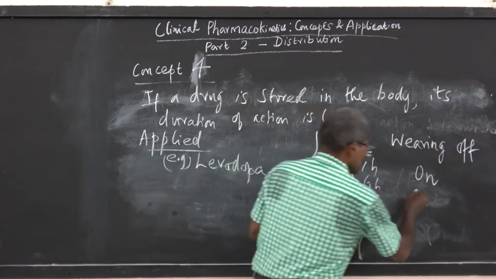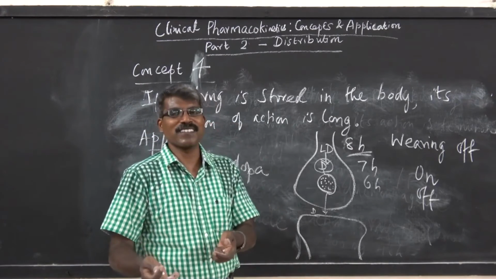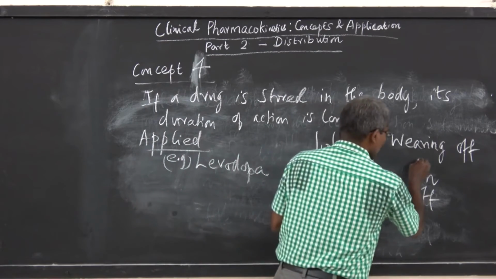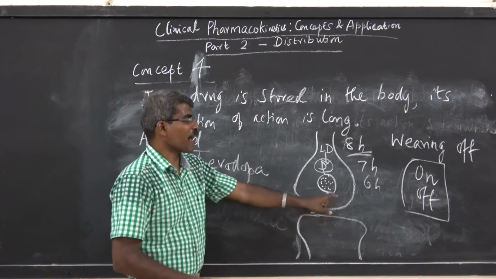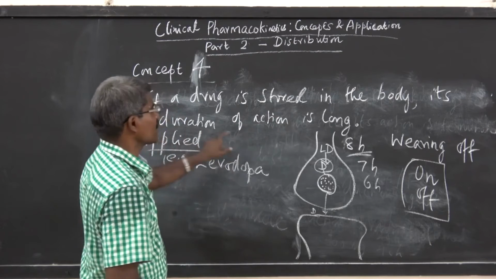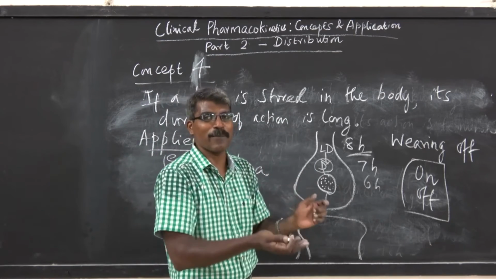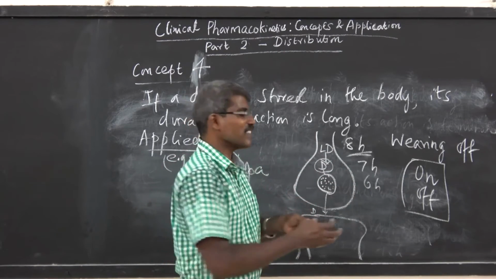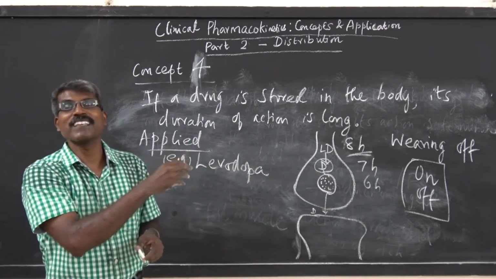So the rest becomes off. As the disease progresses, the duration of action also reduces, and it leads to what is called the on-off phenomenon. Why does all this happen? With a very simple point that if a drug is stored in the body, its duration of action is long. As it is not stored, the duration of action keeps on decreasing. So this is a very classical example of how this very simple concept is applied.